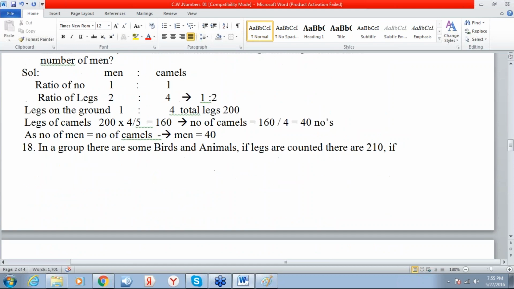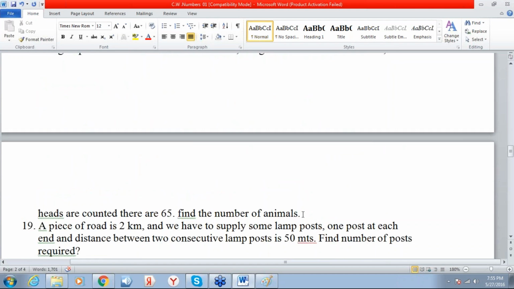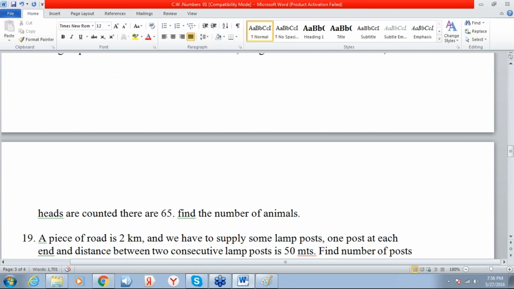In a group there are some birds and animals. If legs are counted, they are 210. If heads are counted, there are 65. Find the number of animals. You can solve this. Let the birds be x, animals be y.